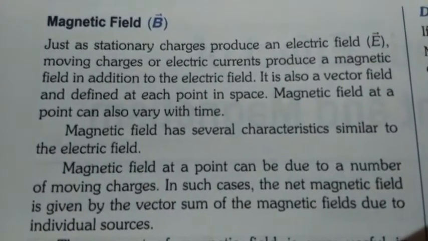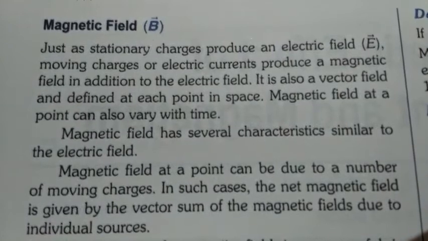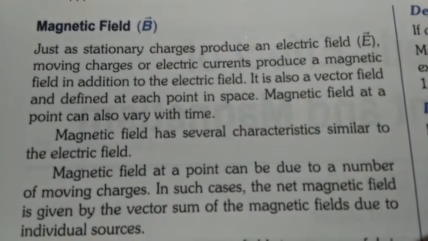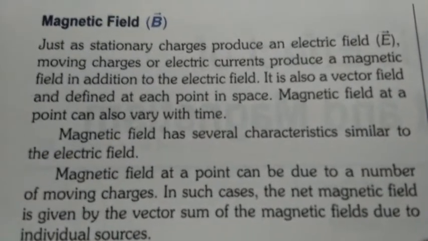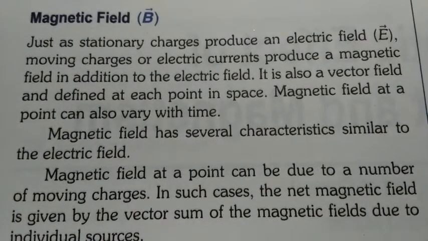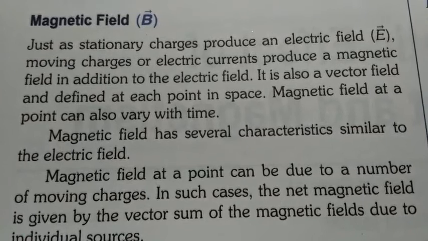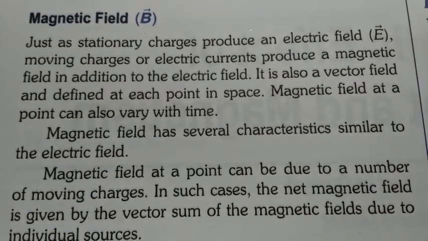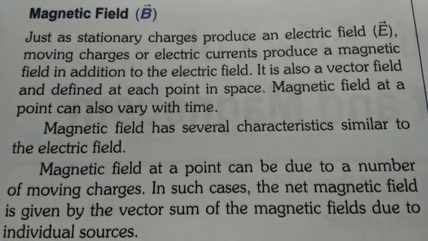Now what actually is a magnetic field? First of all, magnetic field is denoted by vector B. A very interesting thing is that just as stationary charges produce an electric field, moving charges produce a magnetic field.